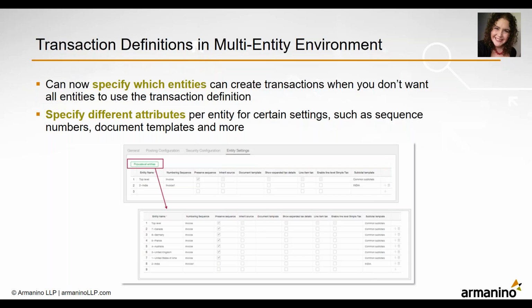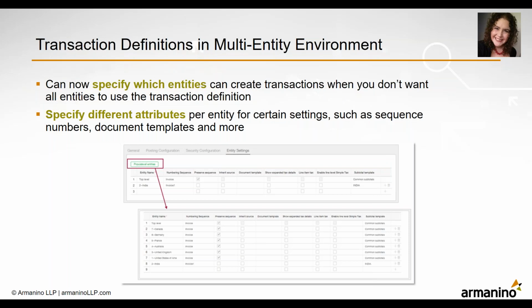The other nice thing about this is you can now specify different attributes per entity for certain settings. So if you wanted to use the same transaction definition at the top level for all entities, but you wanted them to have different sequence numbers, or you needed them to use a different document template because they had a different logo or a different address, you can now set that at the top level for each entity.